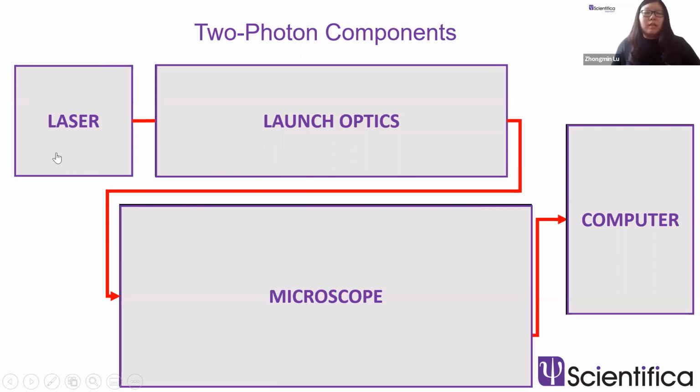First, of course, is the laser source. The second part is the launch optics, which usually contains a beam expander, a dispersion compensation unit, which is really critical if you are doing in vivo research, as well as an AOM or Pockels cell for faster laser power modulation.